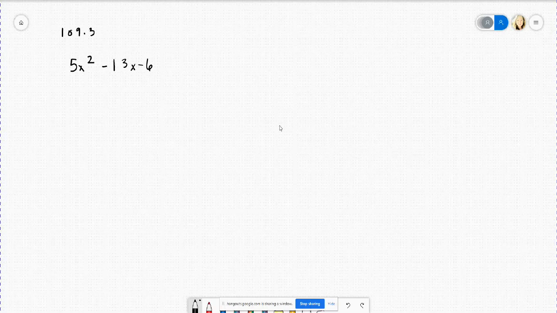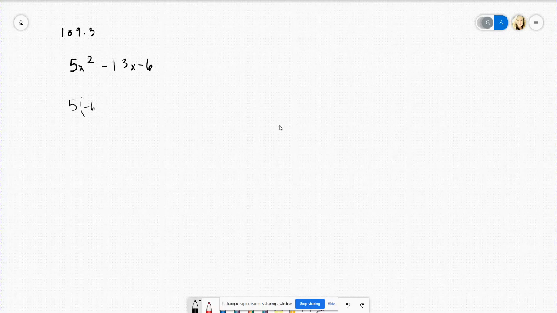Okay, this is the next example, 109.3, page 460. Okay, so tell me, Garrett, what is the A term? Okay, so we're just going to pull out that coefficient, so that's going to be 5, and then we're multiplying it by the C term, so what's that? Right.